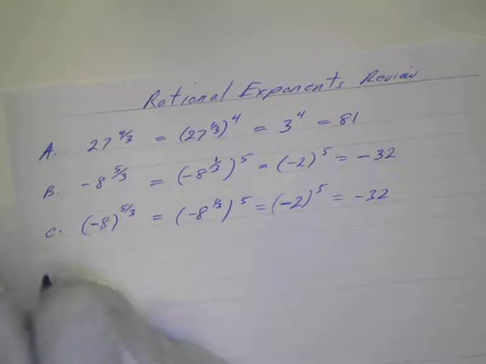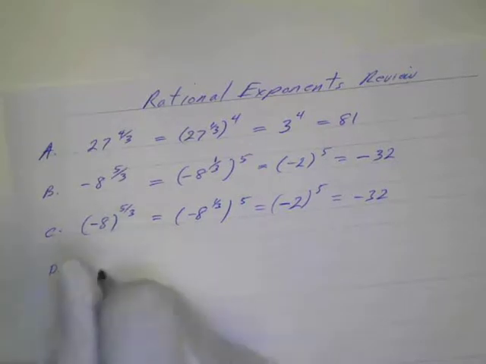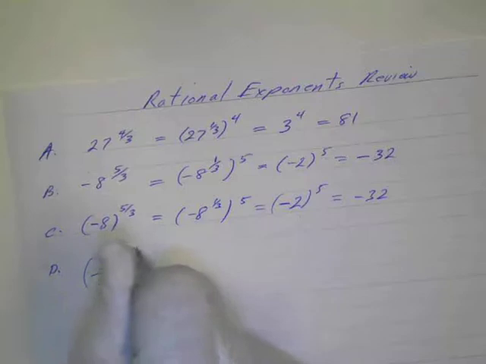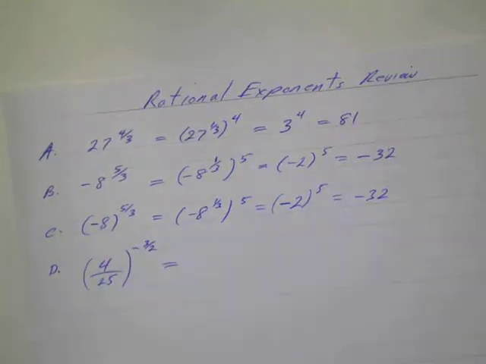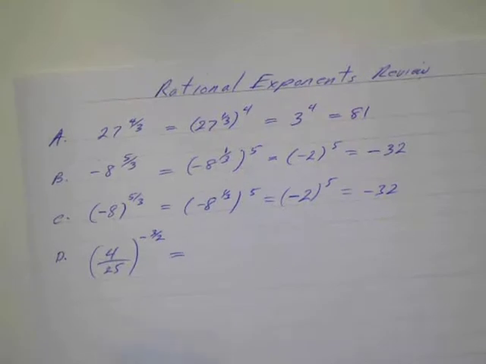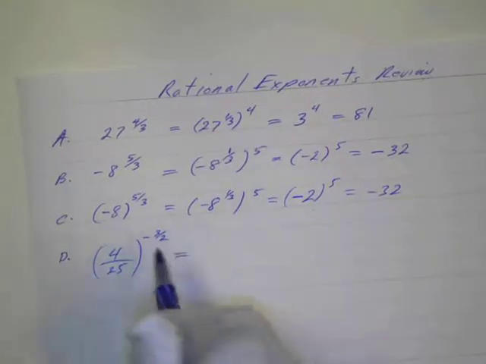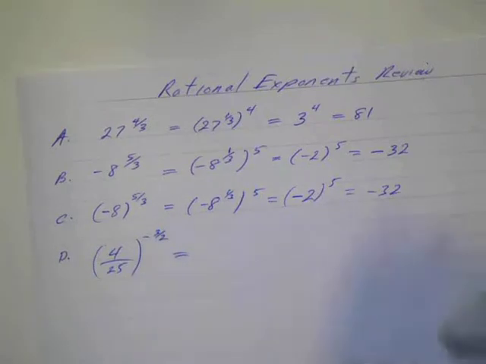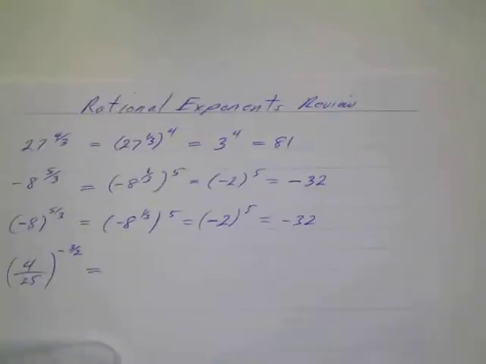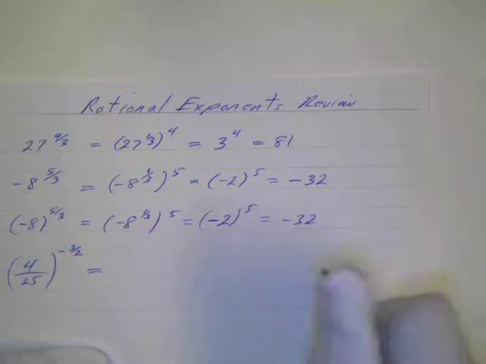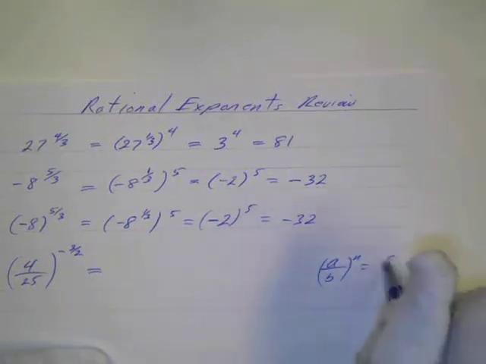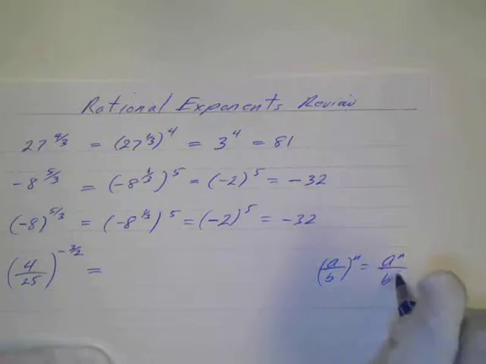Okay, let's take a look at letter D. 4/25 to the -3/2. Now there's a number of ways to do this, but the way I do this is I just use the rule of exponents that says A over B to the n is the same thing as A to the n over B to the n.